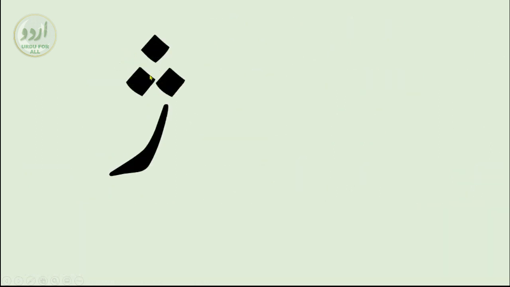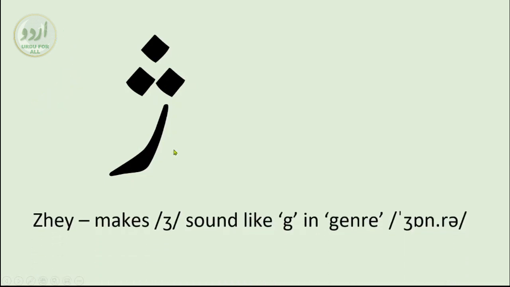This letter, it looks like ze. Remember we did ze? Ze has got one dot, but this letter has three dots. So this is called zhe, and it gives us zh sound. We do have this sound in English.